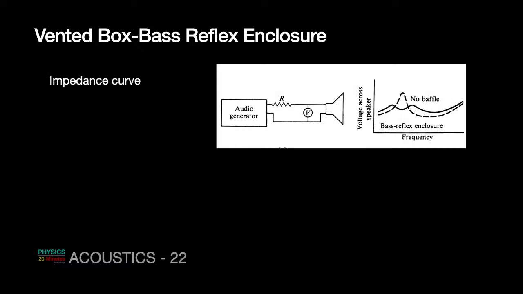Here is an experiment again to find out the impedance curve. You have an audio generator, a resistance, a voltmeter, and a speaker. You change the frequencies, find out the current, and find out the voltage across the speaker.